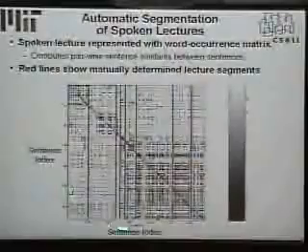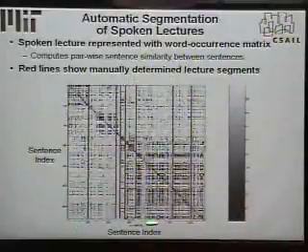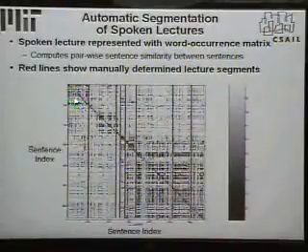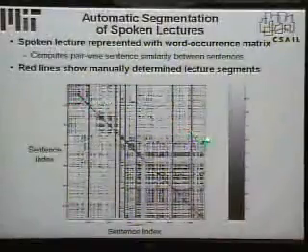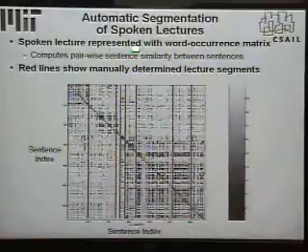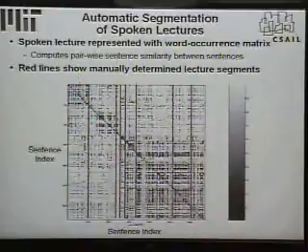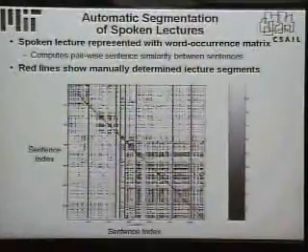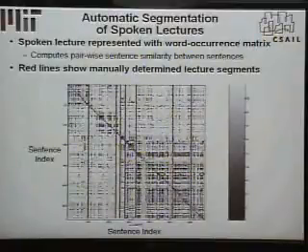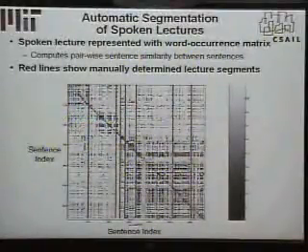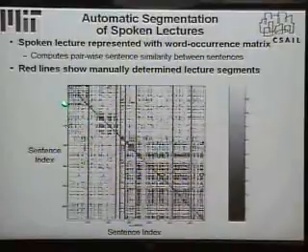But this is the similarity matrix of sentences, separated sentences from a lecture. Dark indicates sentences that are similar to each other in terms of some word occurrence metrics that they use. And these red lines here are manually determined segments, where some person has gone through and said they're talking about the same topic from here to here.